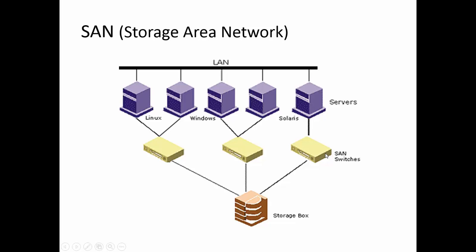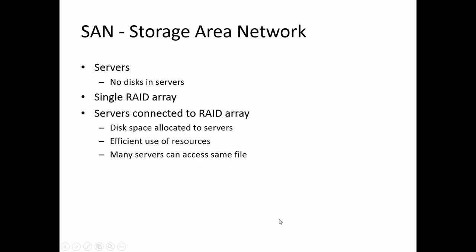Here is another diagram of a storage area network. In a storage area network, the servers connect by way of high-speed switches to the disk array. In a storage area network, there are no disks in the servers. I mean, there could be, but usually not. There is a single disk array.